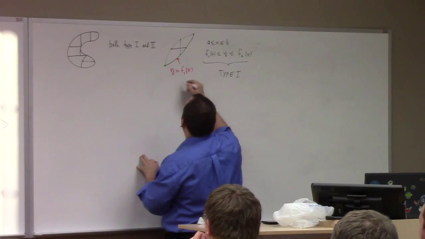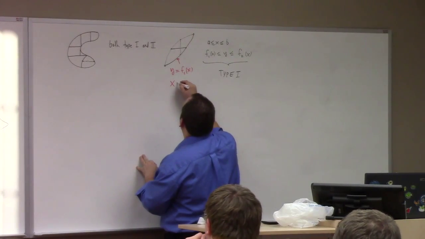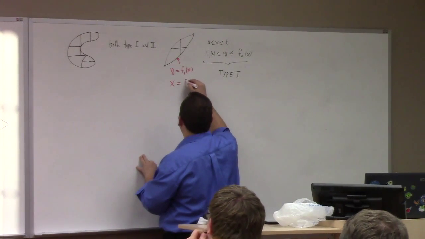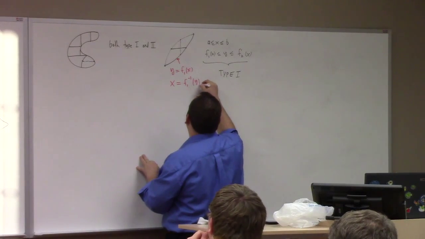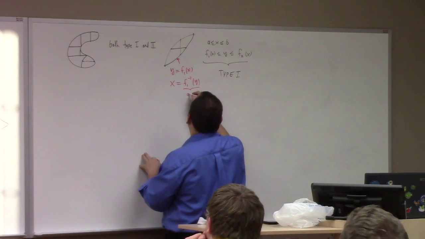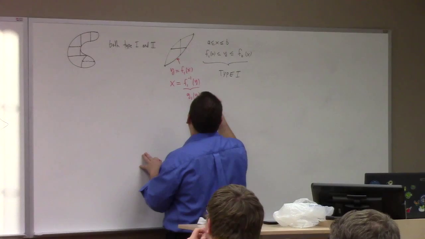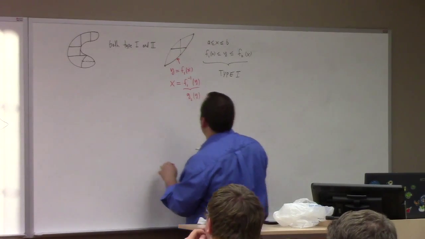In my picture, I can solve that for x equals f1 inverse of y, and I can call this thing g1 of y, or I can call it g2 of y, as I will actually.